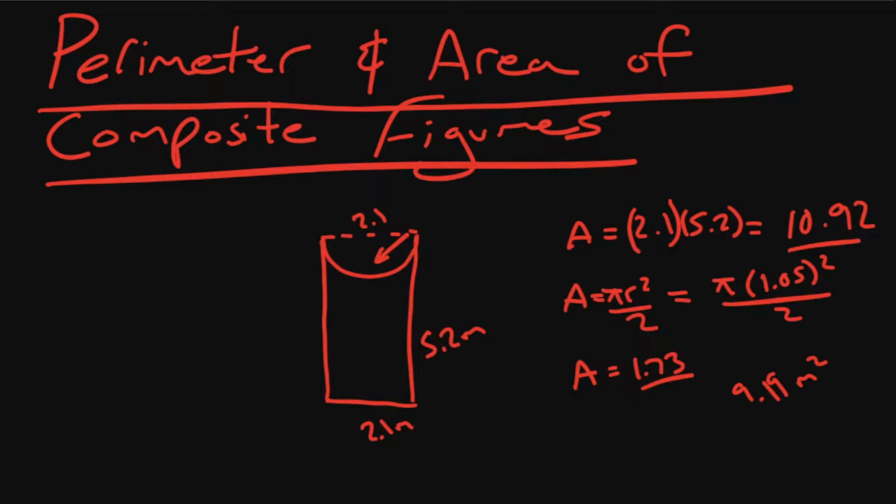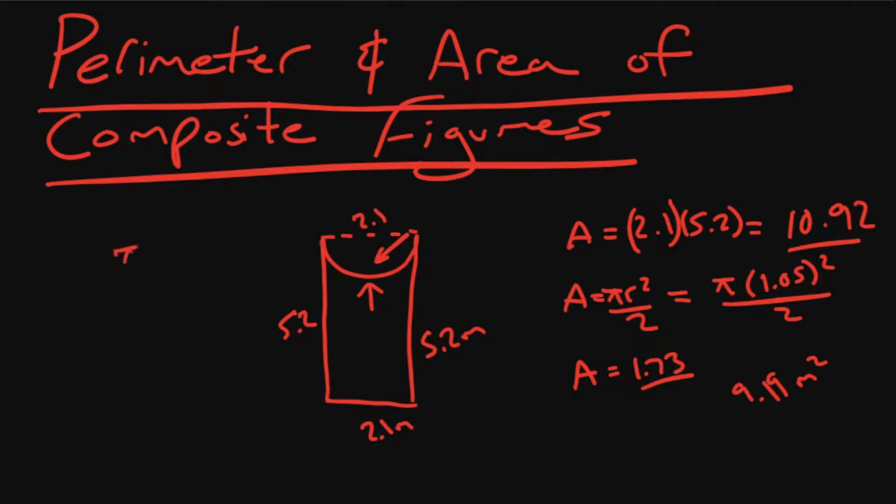Now the perimeter is kind of the same situation. We do have these two sides, 5.2, 5.2, and then we have this 2.1. But what about this right here, this line? Again, all we gotta do is take the perimeter formula, like the circumference of a circle, and divide it by 2.